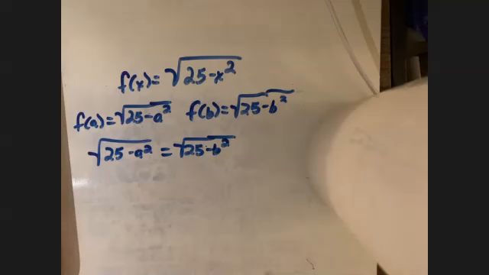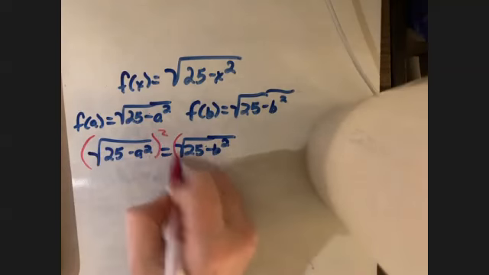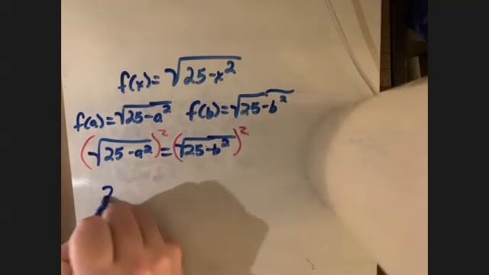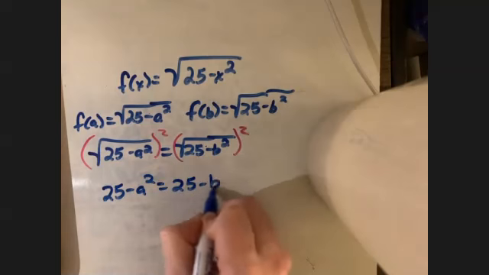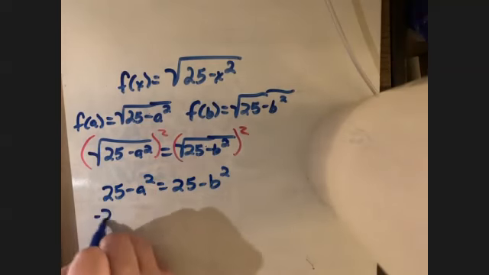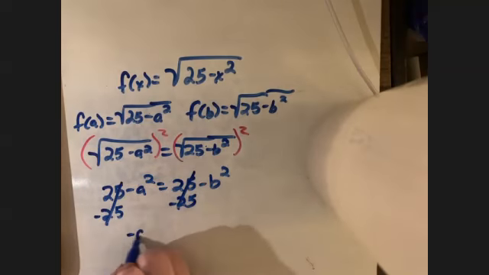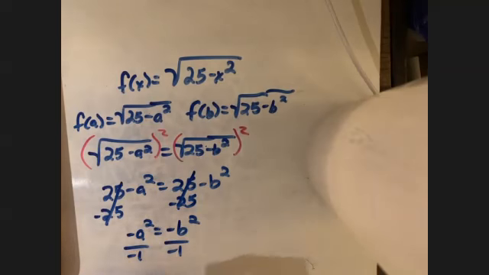The first thing that I'm going to do is square on both sides. So it's going to get 25 minus A squared equals 25 minus B squared. Now I'm going to try and get A by itself, so I'm going to subtract 25 off of both sides. I'll divide by negative 1.